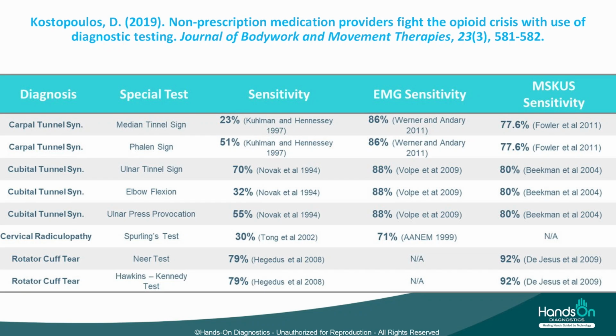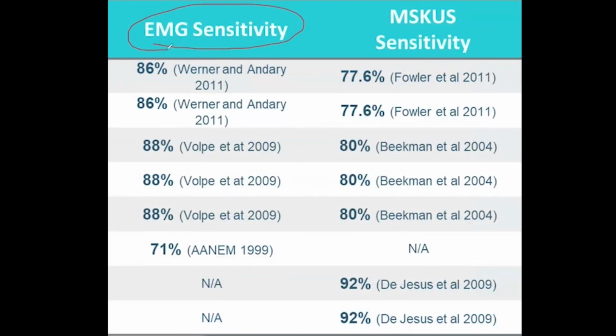In this case, nobody says that you shouldn't be using your physical examination test to identify, let's say, a carpal tunnel pathology or a cubital tunnel or a rotator cuff for that matter, but also utilizing other testing such as electromyography testing and musculoskeletal ultrasound testing can enhance significantly both sensitivity and specificity.